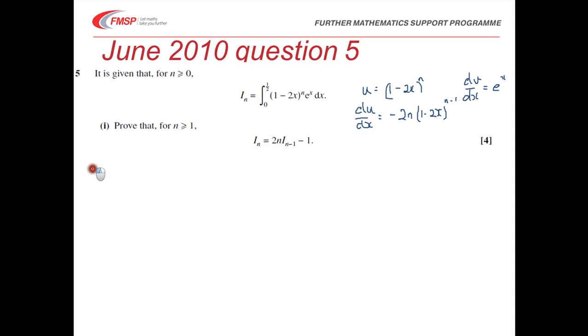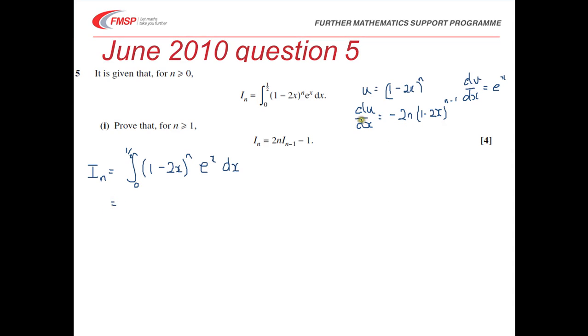So I of n is equal to the integral between 0 and a half of (1 minus 2x) to the power of n e to the x dx. So that's just writing down the question. Now I'm going to use our integration by parts.